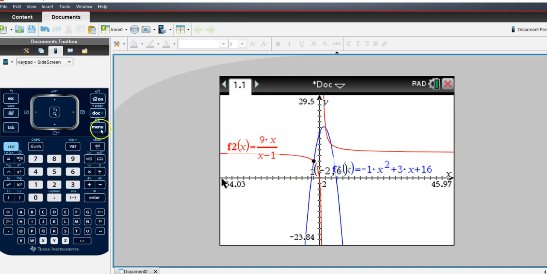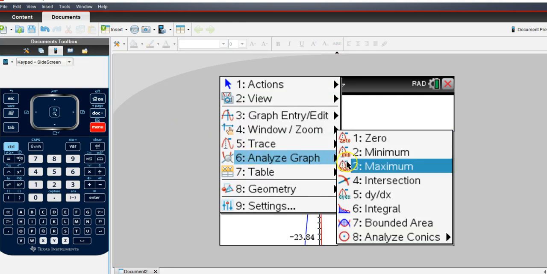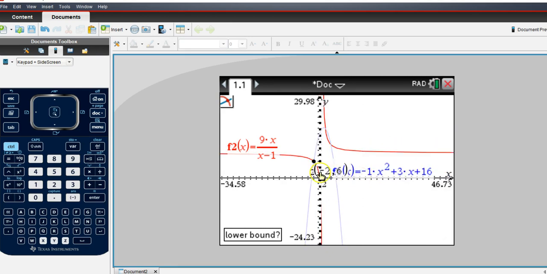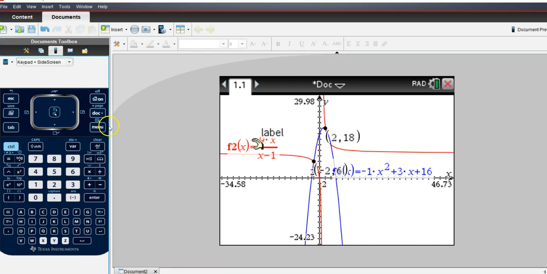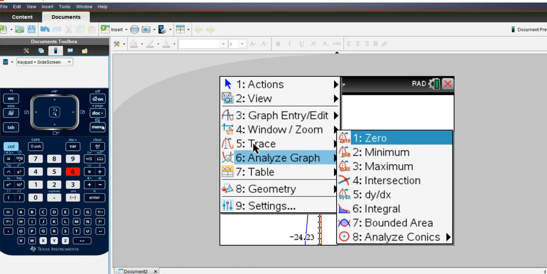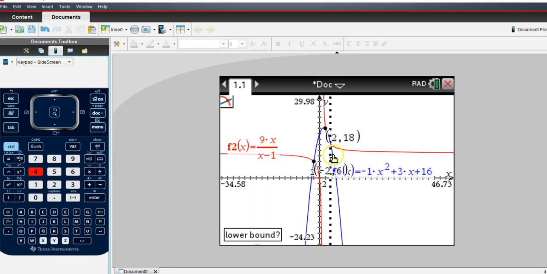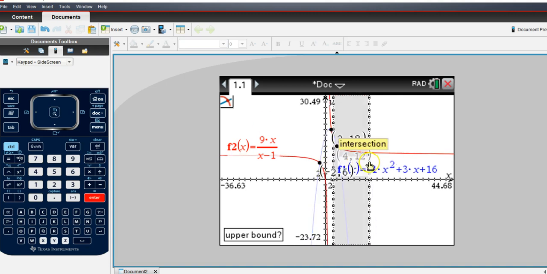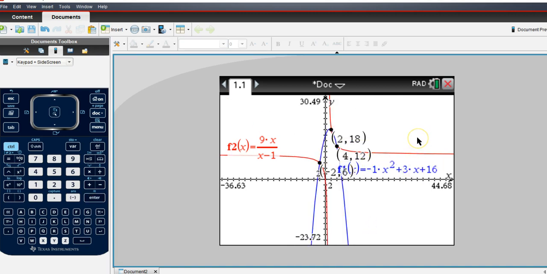Okay, so we have -2. +2. And then you can see there's one right here. And 4. Okay, so we have 1, 2, 3 intersection points.